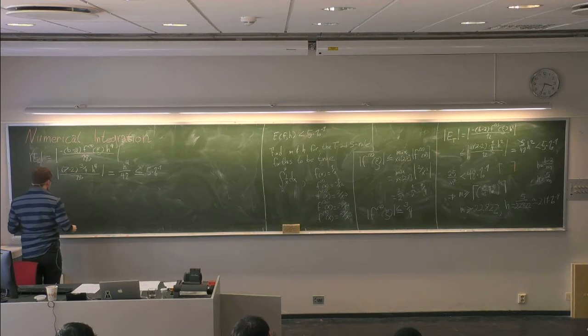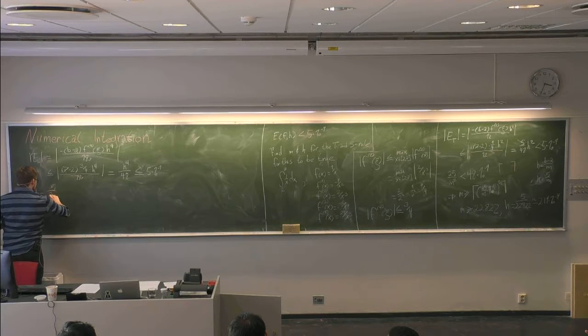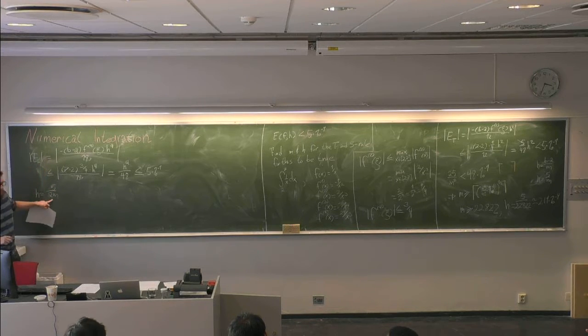We have the same approach, only this time h equals 5 over 2m, so there is a 2 here.